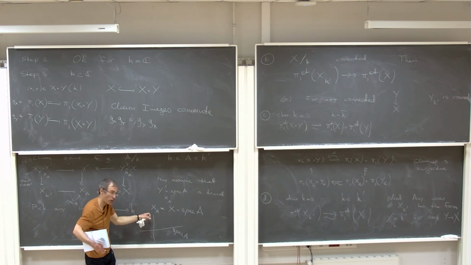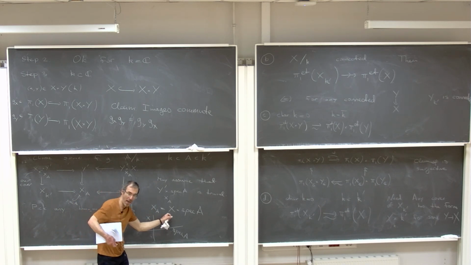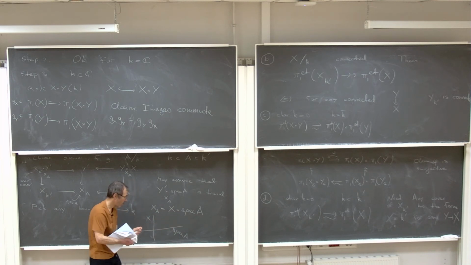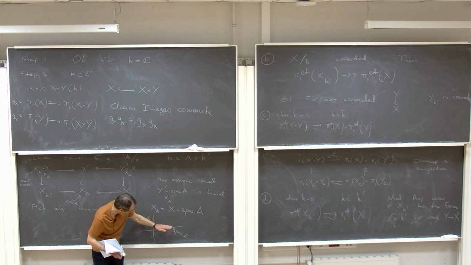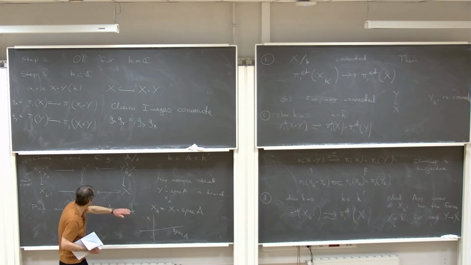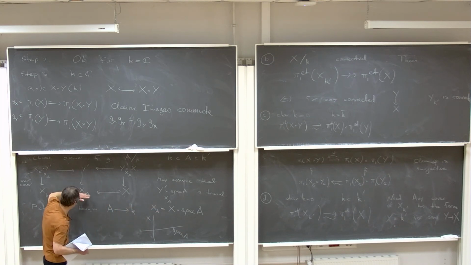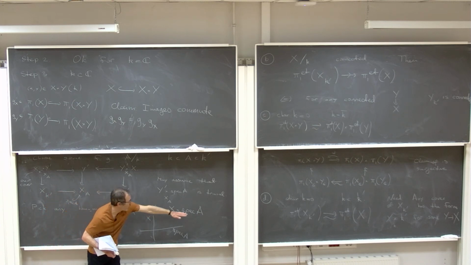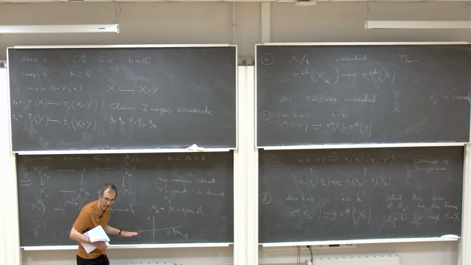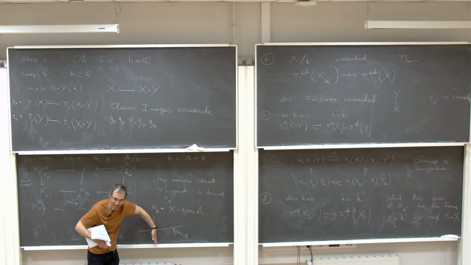I get a cover of X, and then I pull it back to X times spec A. So I get a cover of X times spec A, which is constant in this horizontal direction. And I claim that I recover my original cover, that any cover of the product, which is trivial on this one horizontal slice, is pulled back from X.